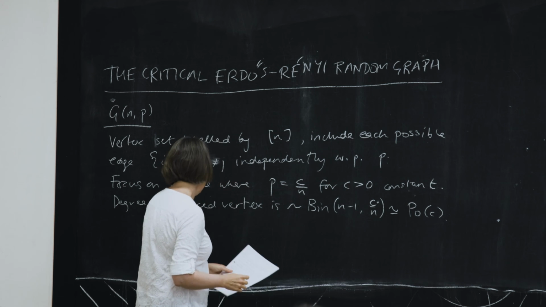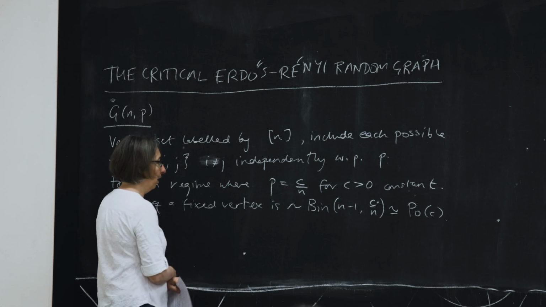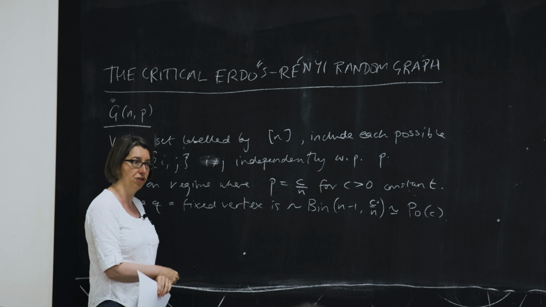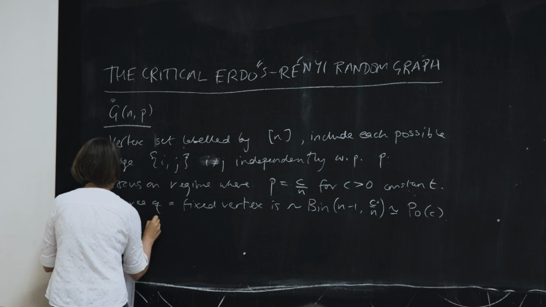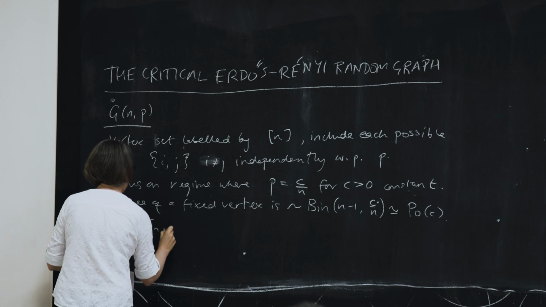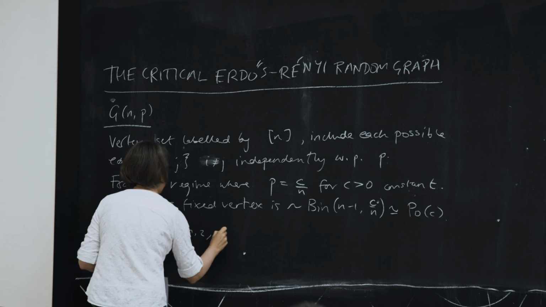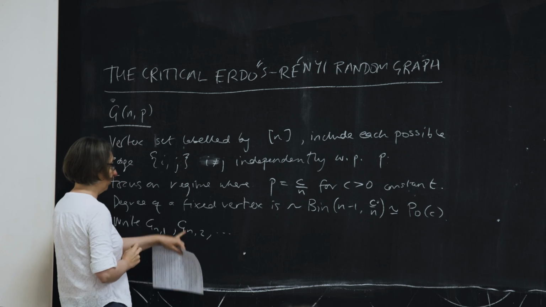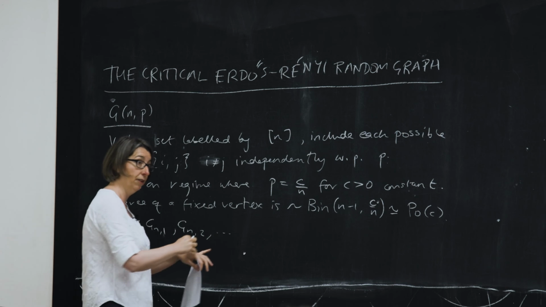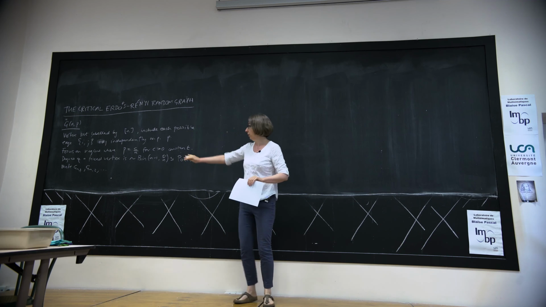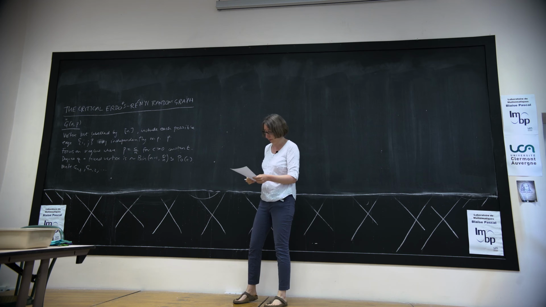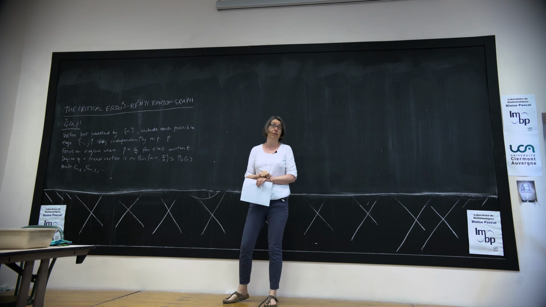Let me write down the theorem that gets referred to as the emergence of the giant component. Let G_n^1, G_n^2, and so on, be the components of this graph. In general it's going to have many different connected components, and I want to list them in decreasing order of size.